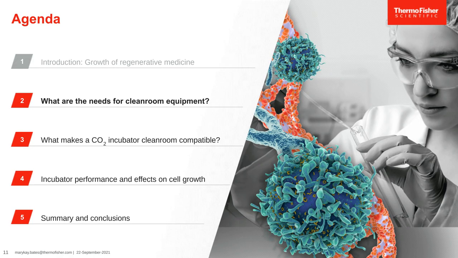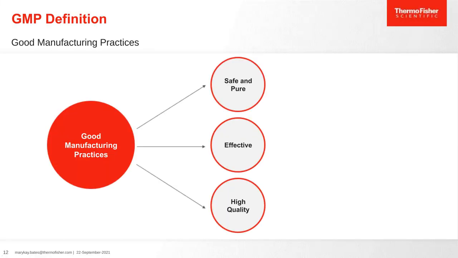So with that, I will now turn to talking about the needs for clean room and equipment. So I always like to start with a definition of GMP, good manufacturing practices. I think many of us know that GMP stands for good manufacturing practices, but why do we have GMP? The whole goal of good manufacturing practices is to ensure that a therapeutic is safe and pure, that it is effective, and that it is of high quality.